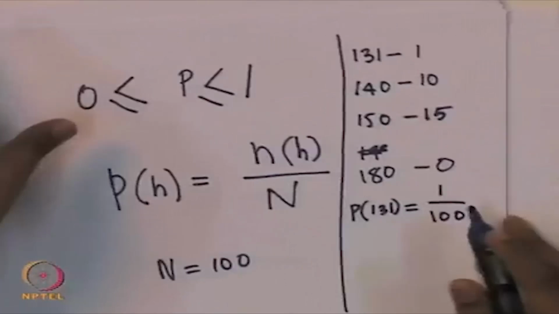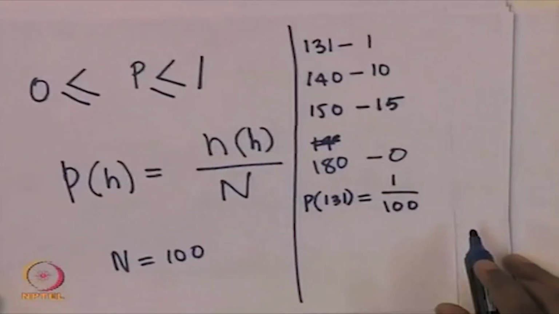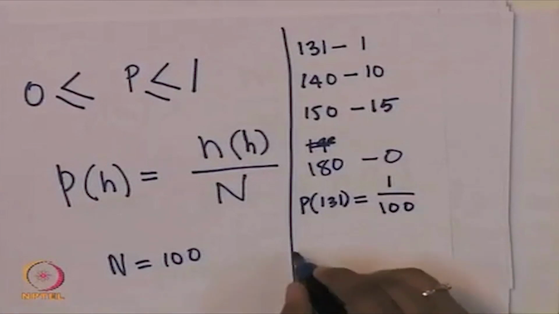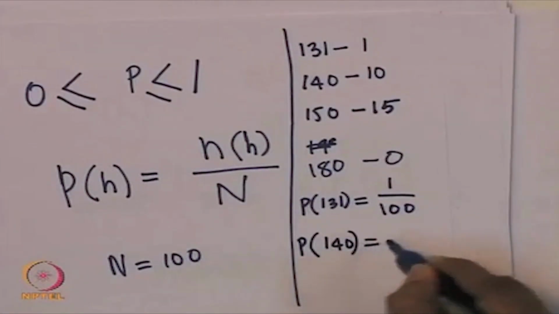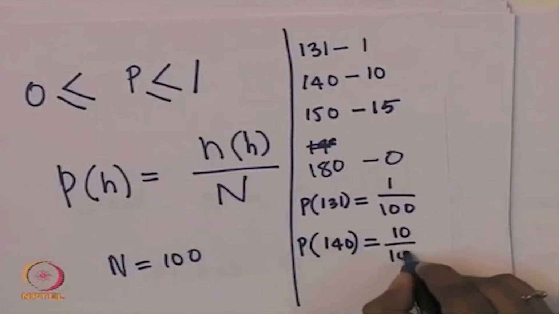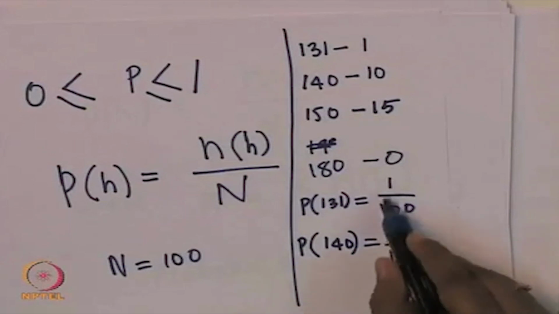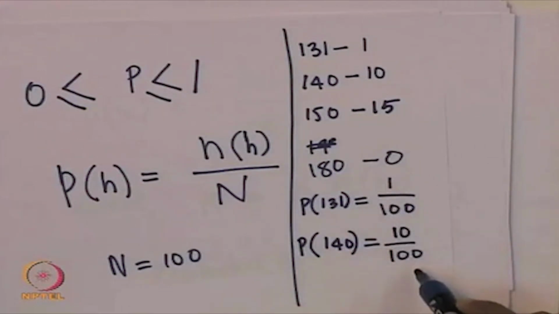So, this is the example. Just by following this formula, this is what you get. P of 140 is 10 by 100. So, 1 by 100 is 0.01, 10 by 100 is 0.1.